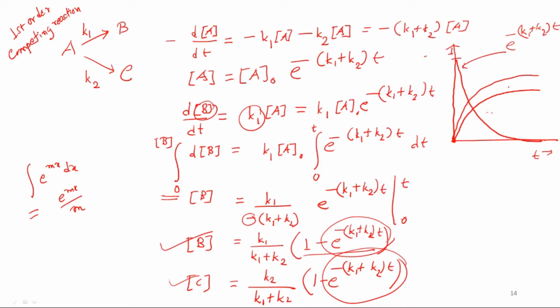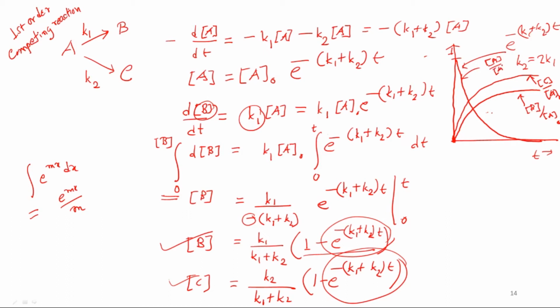We can easily argue, just like the earlier case, that if K1 is twice K2, then the concentration of B will be just twice the concentration of C. If we are plotting something like this, a plot of, say, B by A0, normalizing everything with respect to A0, this is C by A0, and this plot is for A by A0.